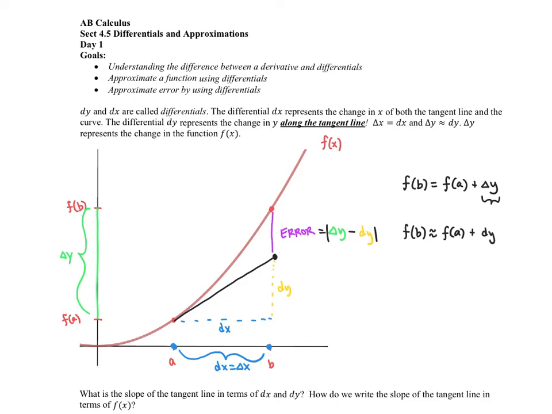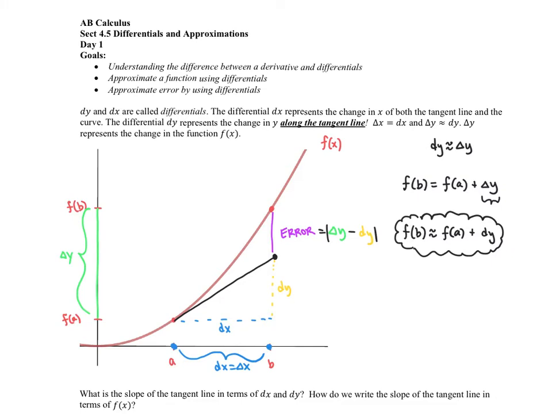We're going to come up with some methods. I want you to keep this in your back pocket. We're going to come up with one specific method on how to find dy, which is an approximation of delta y.